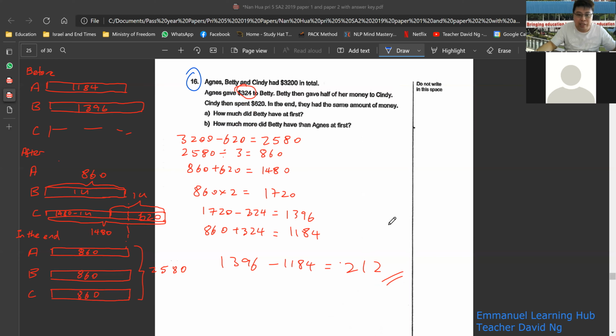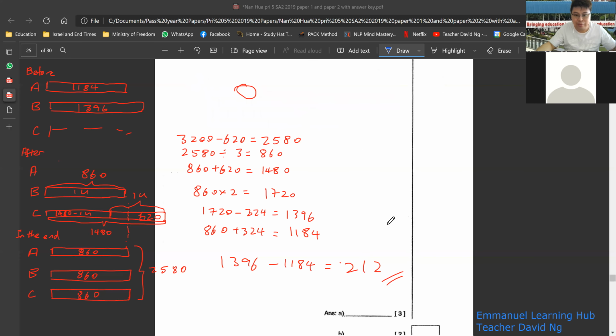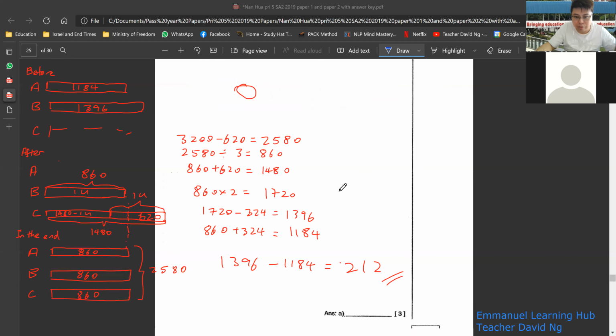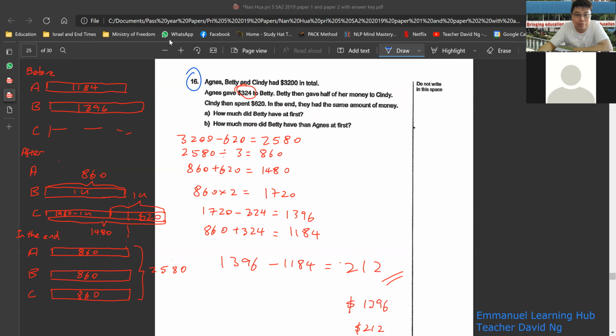Yes, 1396 at first. Then for part one, how much did Betty have at first? 1396 based on the model. Then you just write here $1396, with the dollar sign, of course. You write out the answer like that, then you won't go wrong. This question okay? Yes.